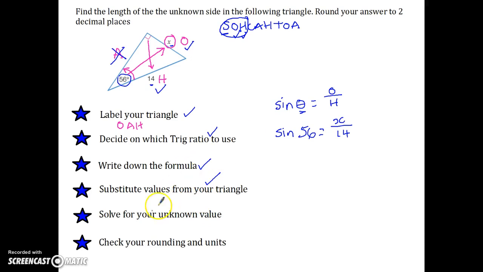We've done that. The next is solve for your unknown value. The unknown in our triangle, of course, is this x. We want that to be solved. So we need to employ some of our algebra skills. We want to get x by itself. At the moment it's got a divided by 14 on it. We need to use inverse operations.